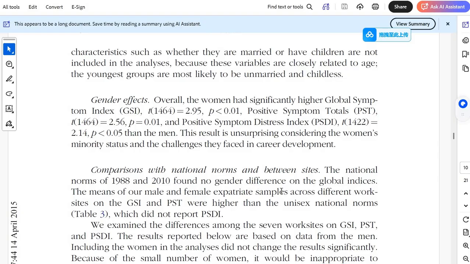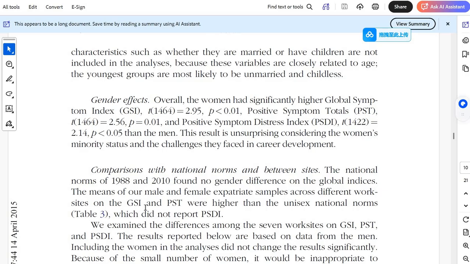The means of the male and female expatriate samples were higher than the national norm on two indices, GSI, the Global Symptom Index, and Positive Symptoms Total. That means that the expatriate sample, both male and female expatriates, have a higher Global Symptom Index.